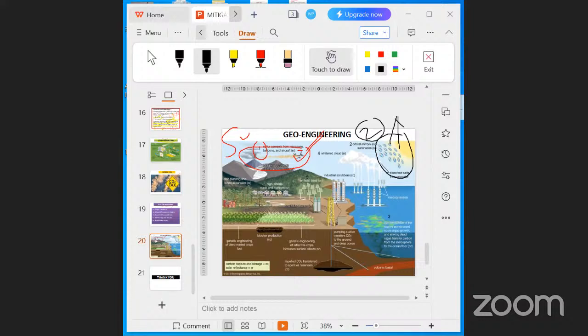And the third one, you see here, seed the sea with iron. You have to put a lot of iron filings on the ocean surface. Normally, phytoplankton grow on the ocean surface only.